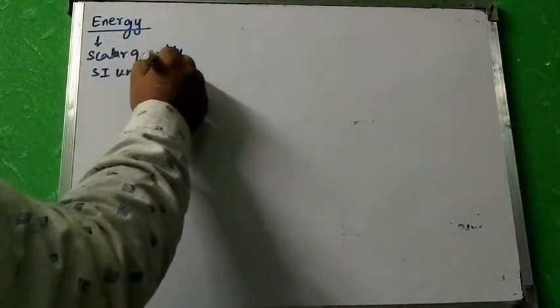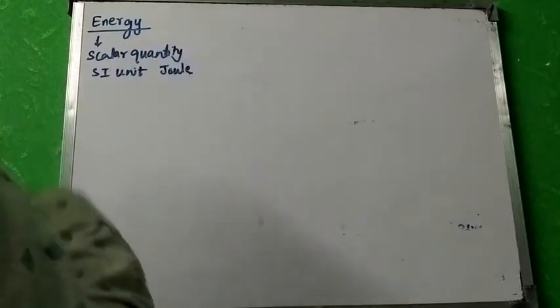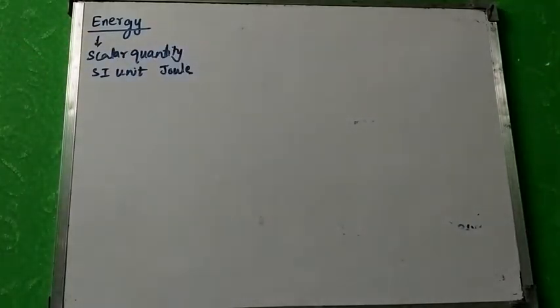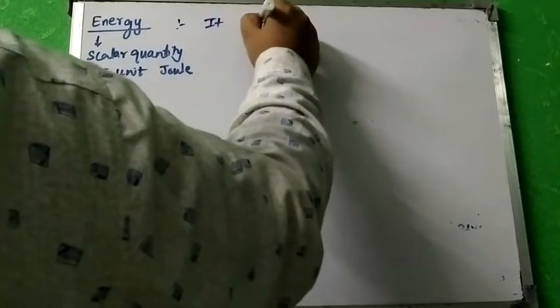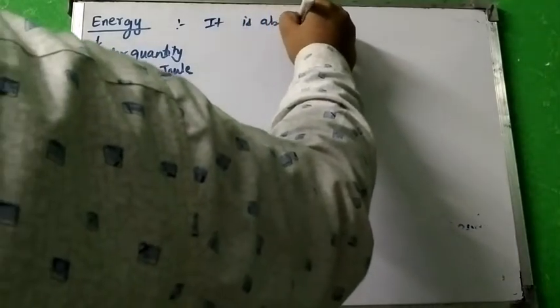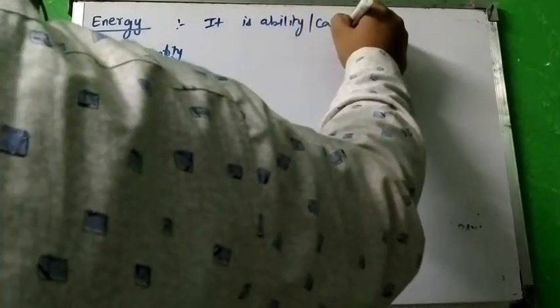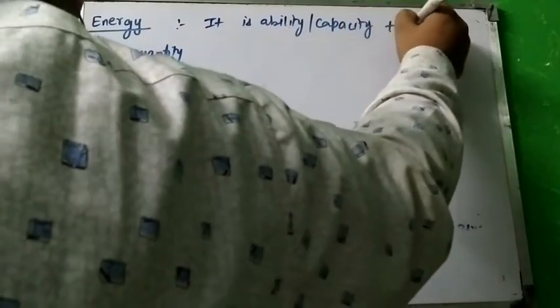SI unit joule. Work done is stored in the body or system as energy. So it is the ability of a system to do work. Because this energy is stored from work done, it is the ability and capacity of a body to do work.